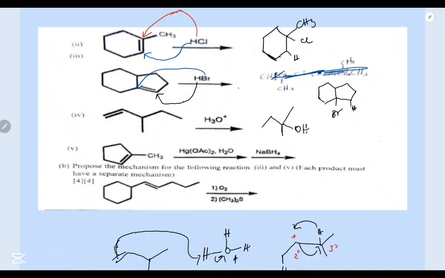Okay. We are remaining with 2 questions, question 5 and B. Question 5 also follows Markovnikov's addition, meaning the OH will be added here.